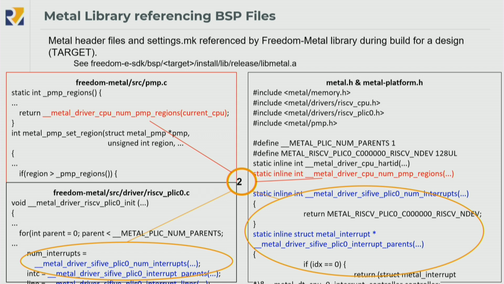And this allows the Freedom Metal library to be very much portable, because you no longer have any hard-coded reference specific to a particular hardware, which is important, especially for RISC-V with custom SoCs and so forth.